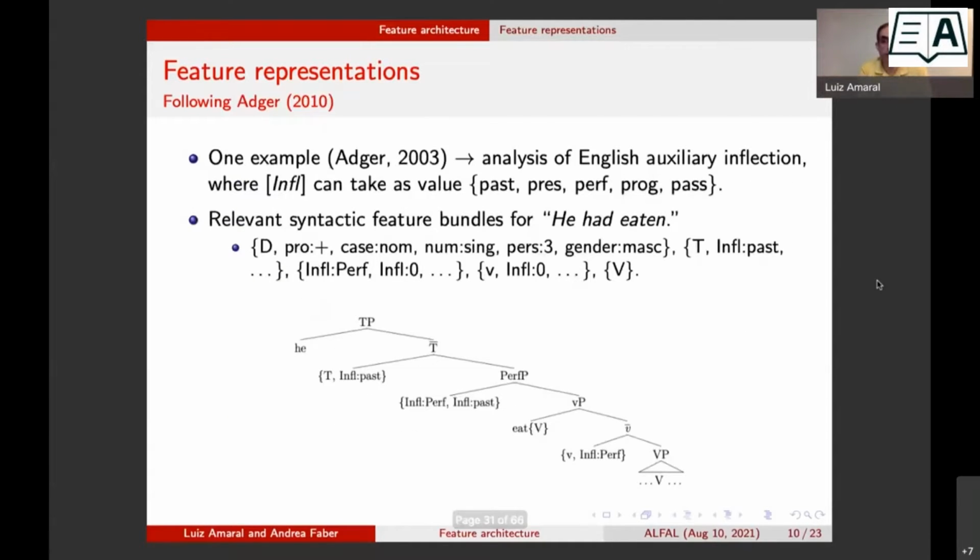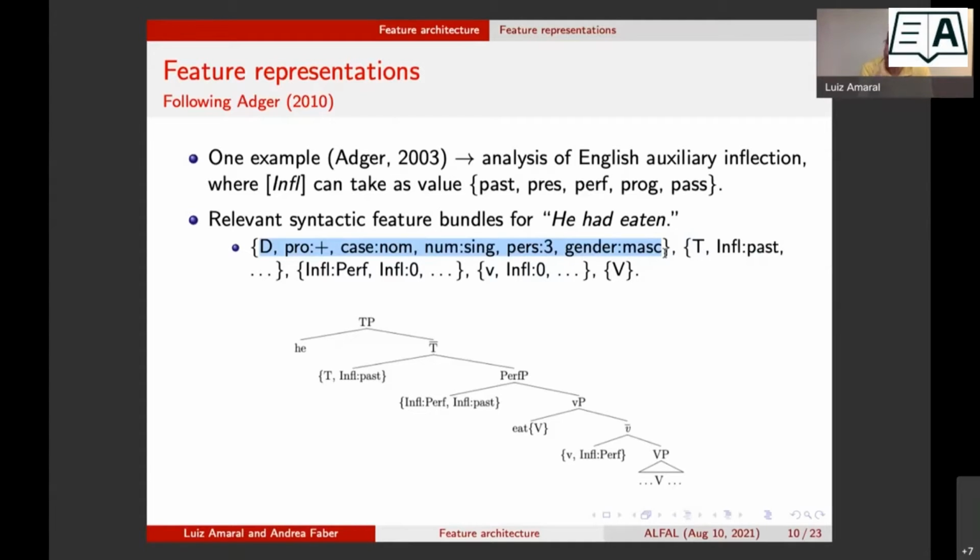So let's see an example that is presented by Azure 2003. What I would like to point out here is, let me see if I can point that out. Do you see what I'm pointing at on my screen? Yeah, okay, perfect. So here we just need to look at the first description, when we're describing a pronoun, describing he here. We use a Boolean value to say that it's a pronoun, that's plus, but then we can assign specific values for those attributes.